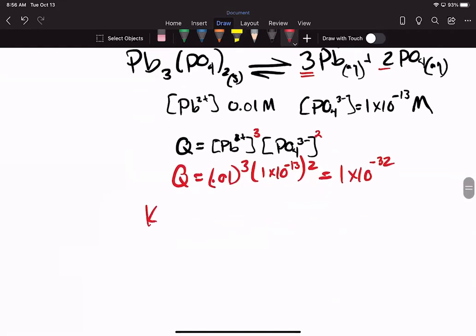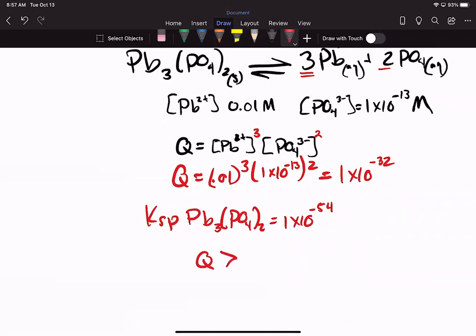Well, the KSP of lead phosphate is 1 times 10 to the minus 54. So here, our Q is greater than KSP.